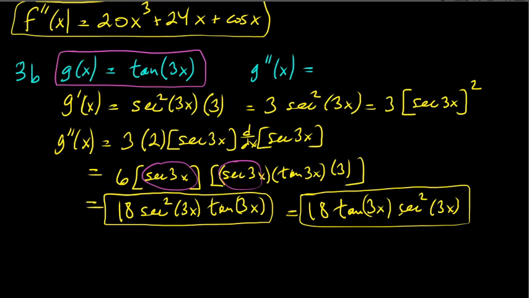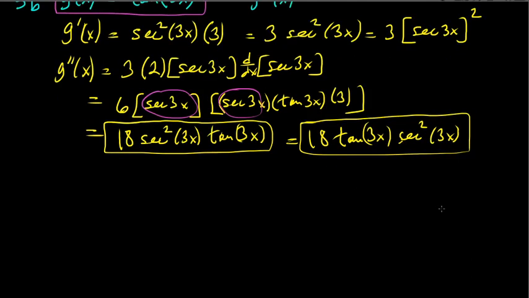So you might want to keep that in mind when you have tangent or cosecant or secant or cotangent. Taking the second derivative usually involves some sort of a product rule of some kind, or a chain rule or double chain rule. So, okay, moving on.